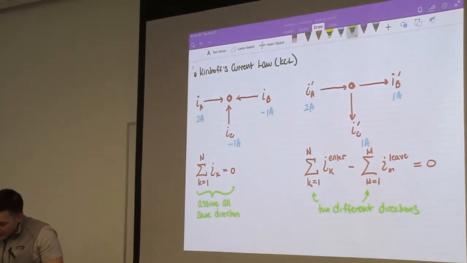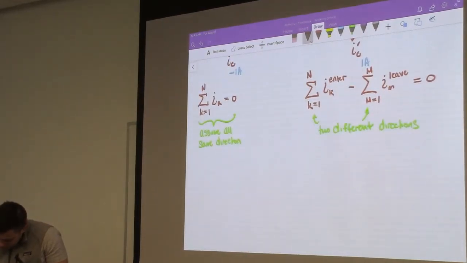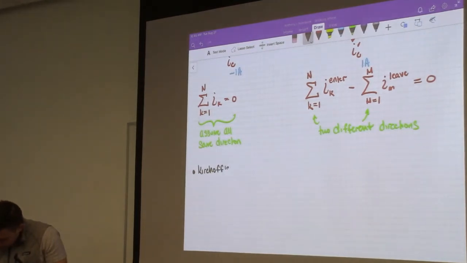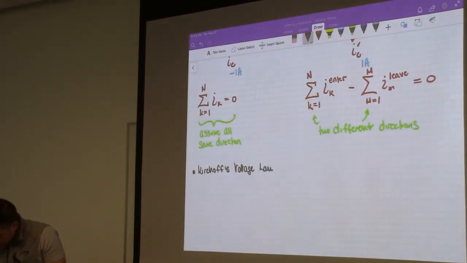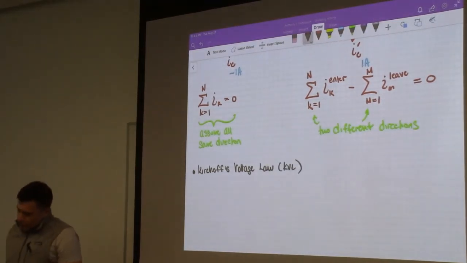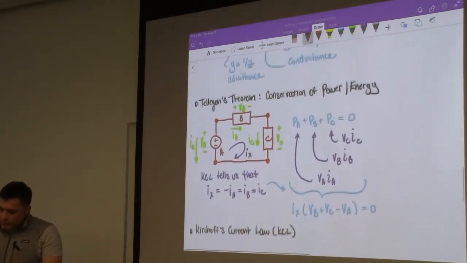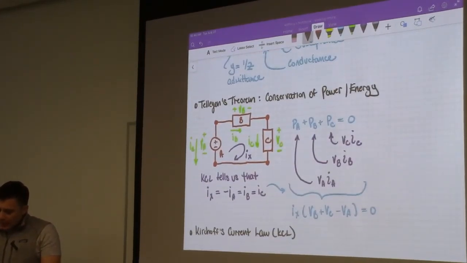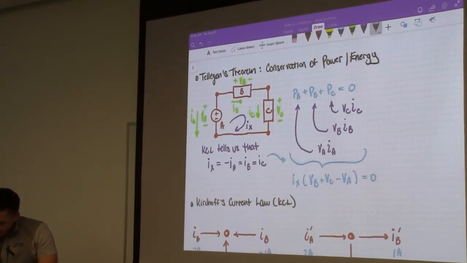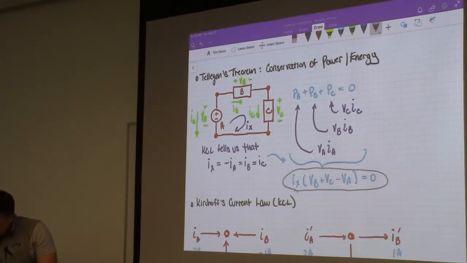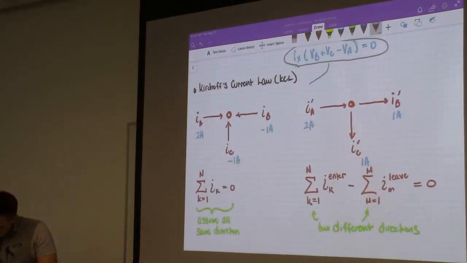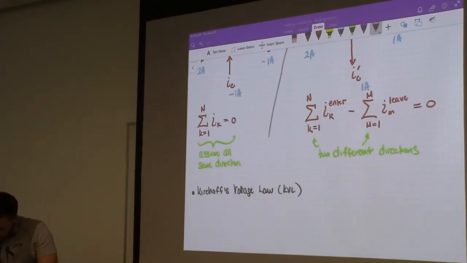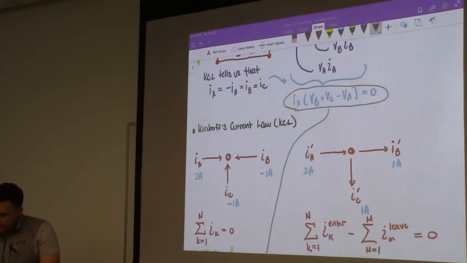Okay, now Kirchhoff's voltage law, actually, we can take directly from here. All right, so what does that mean?